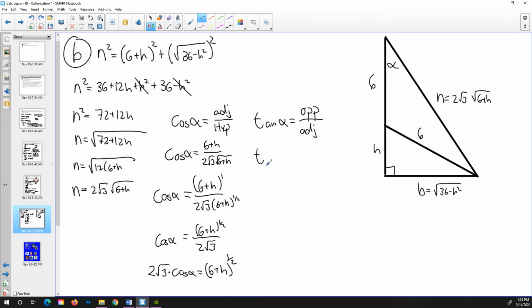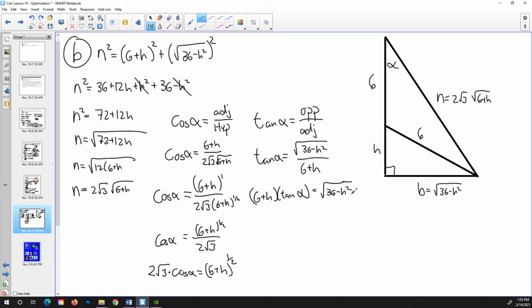That will give me the tangent of alpha is equal to, the opposite side is the square root of 36 minus h squared, and then my adjacent side is just this side here again, which is 6 plus h. So if I multiply both sides by 6 plus h, I can say 6 plus h times the tangent of alpha is equal to the square root of 36 minus h squared.